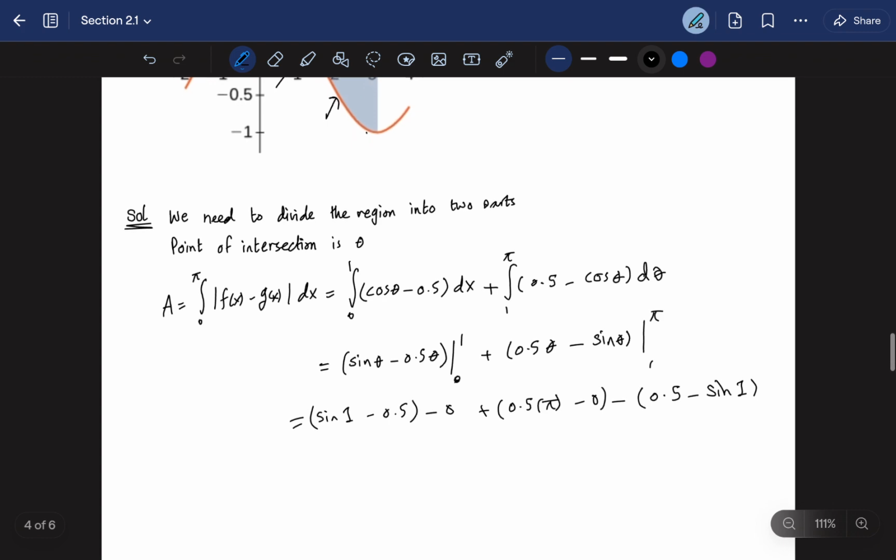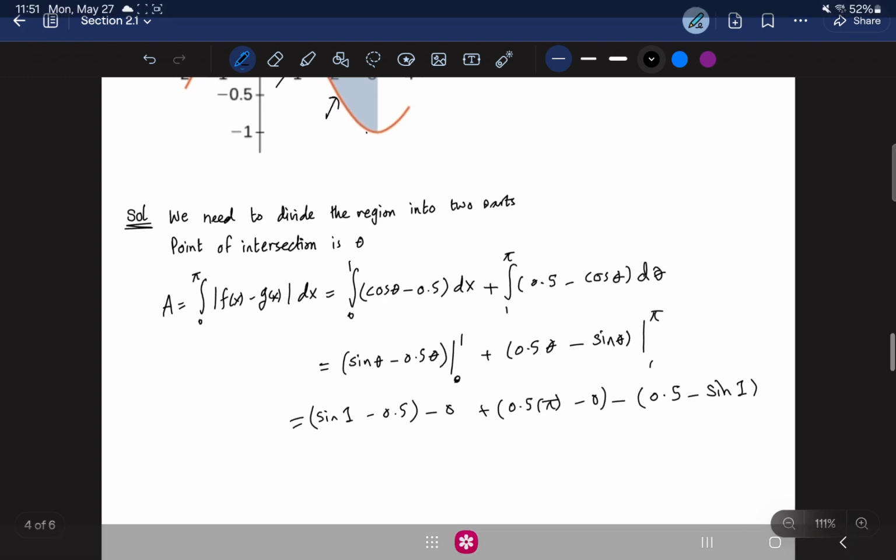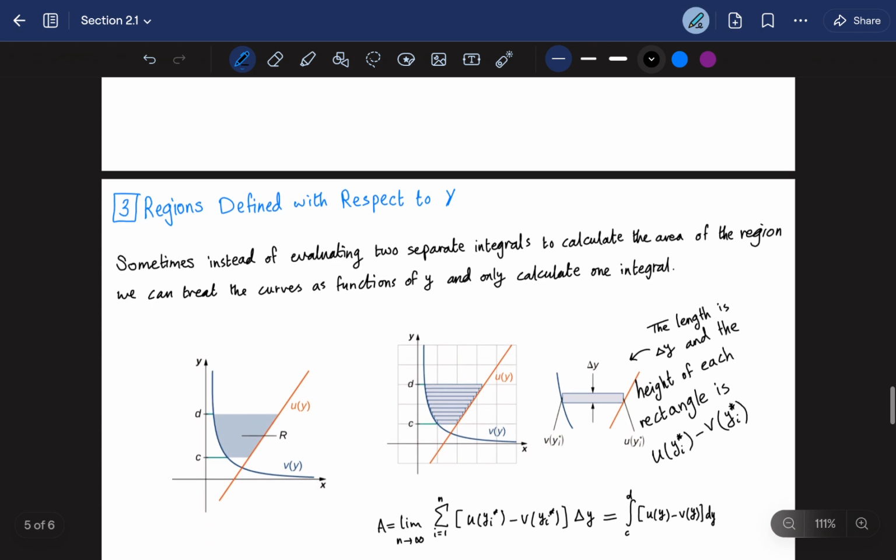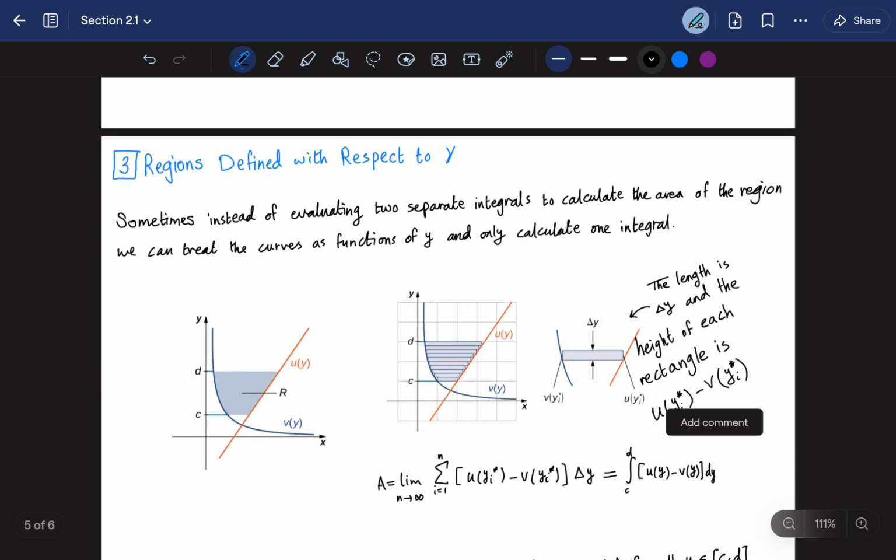Okay, now the next thing that we're going to talk about is integrating functions and finding areas with respect to y, which is my dependent variable, because it depends on x to find the values of y.